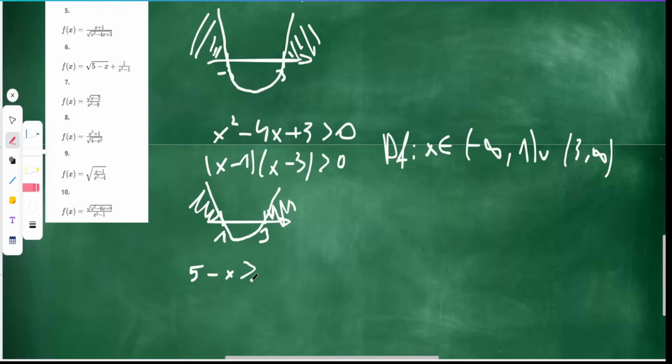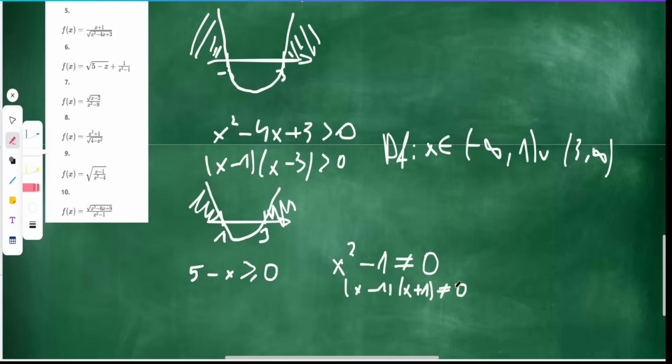So we know for sure that 5 minus x must be greater than or equal to 0. And x, I made a bad correction. X squared minus 1 should be unequal to 0. Here, we can see immediately that this is our difference of squares, (x minus 1)(x plus 1).